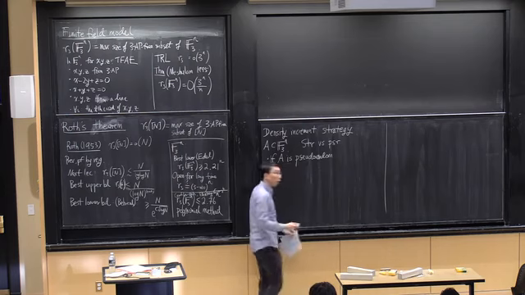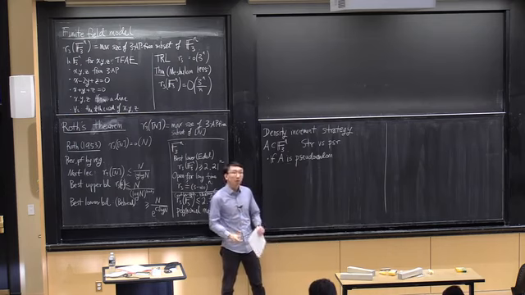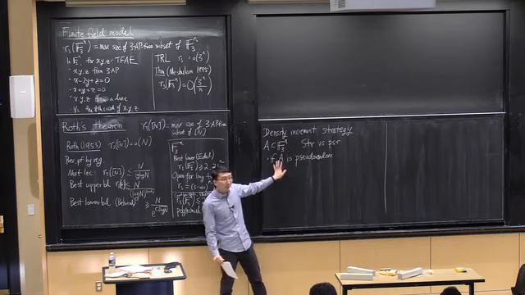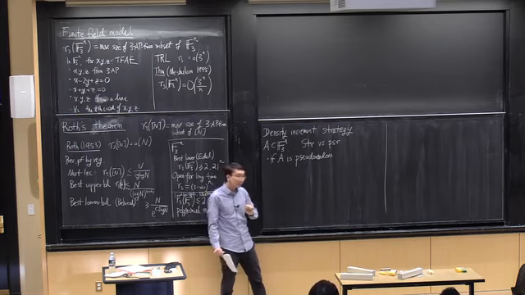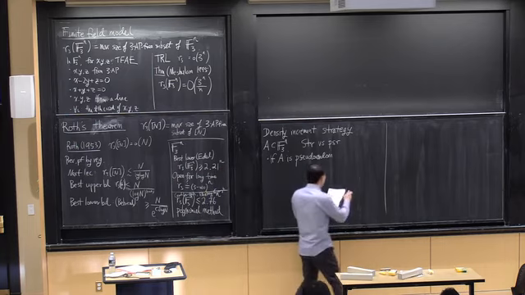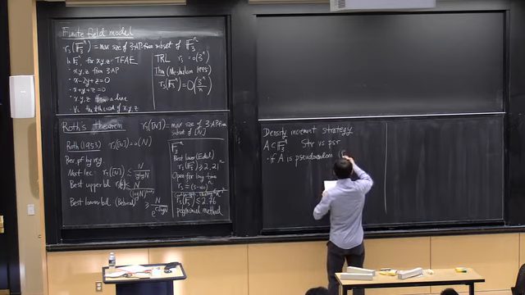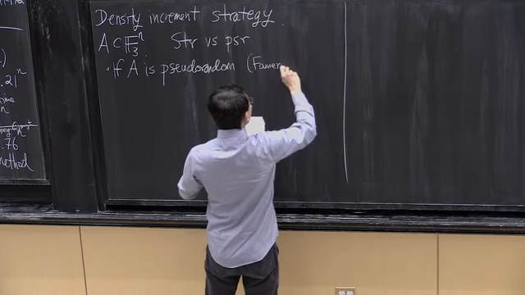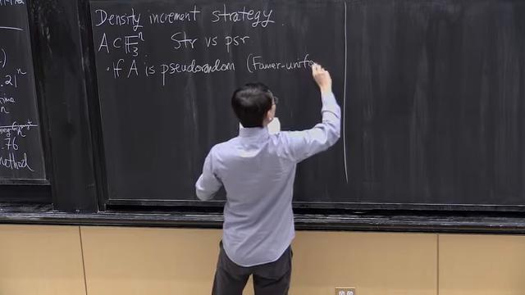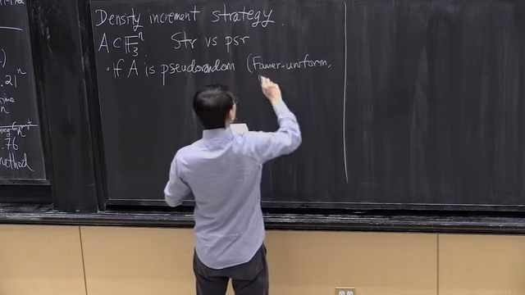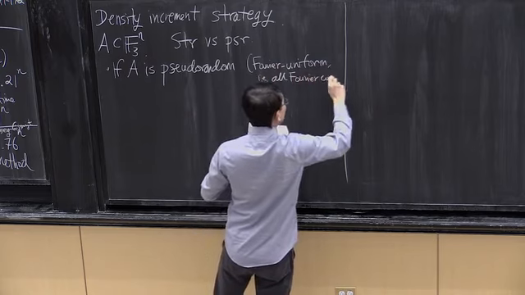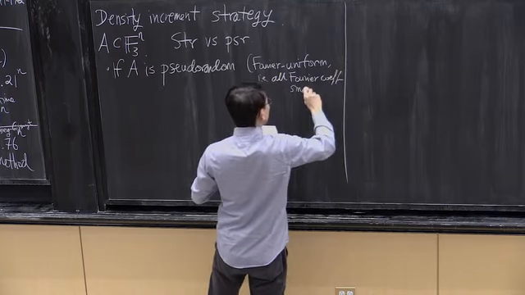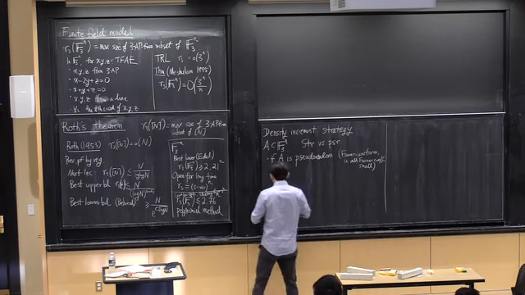Okay, so earlier we saw what it means for a graph to be pseudo-random. So now what does it mean for a subset of F3 to the n to be pseudo-random? So we'll address that today. If A is pseudo-random, so the short answer is that it is Fourier uniform. In other words, all Fourier coefficients are small. Okay, so that's what pseudo-random will refer to.